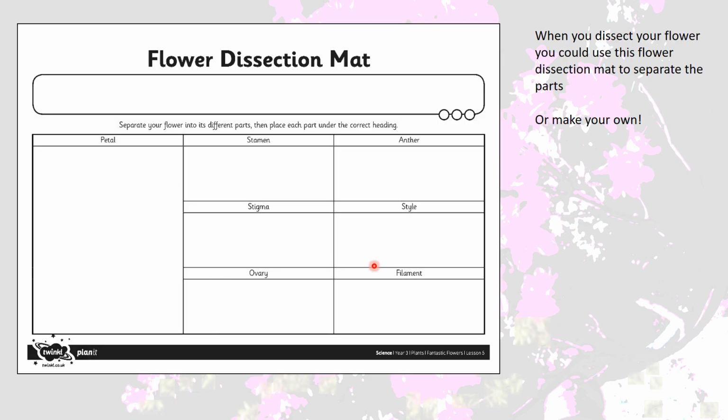When you do dissect your flower, you could sort your flower into its different parts and place them under the correct headings on here. I will upload this to our Google Drive so you can download it, or you can simply make your own, or just take them all apart and see if you can try and match them to the different parts of the flower.